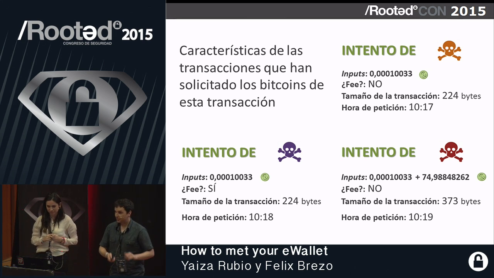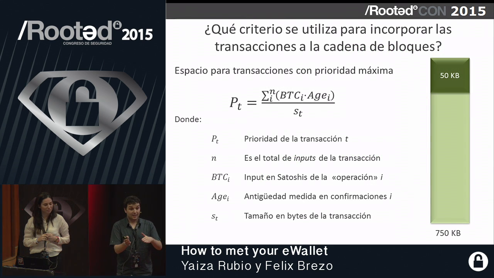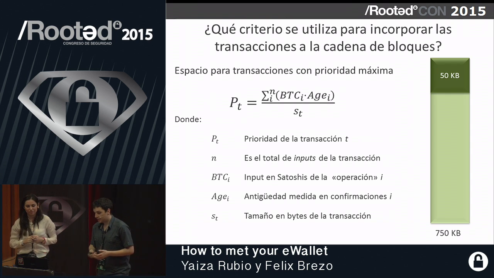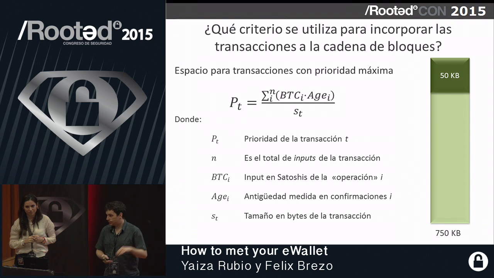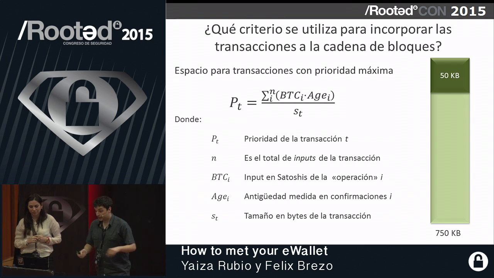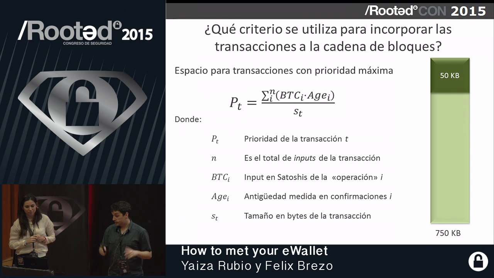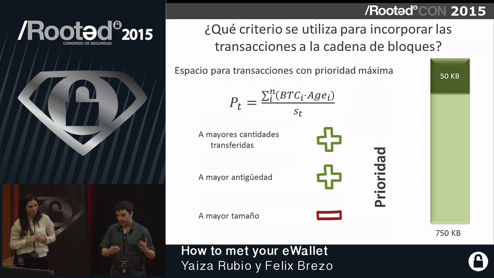This is true in a very different way. Let's see how the chain of blocks includes this transaction of bitcoins. Let's see how we can prioritize the operations in the block. In the block, there are the first 50 kilobytes reserved for those having a bigger priority, based upon a formula which includes 3 variables.